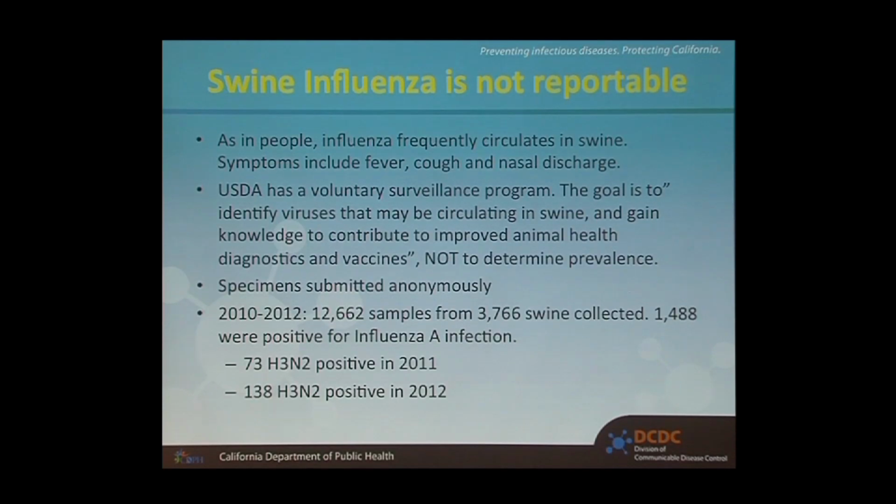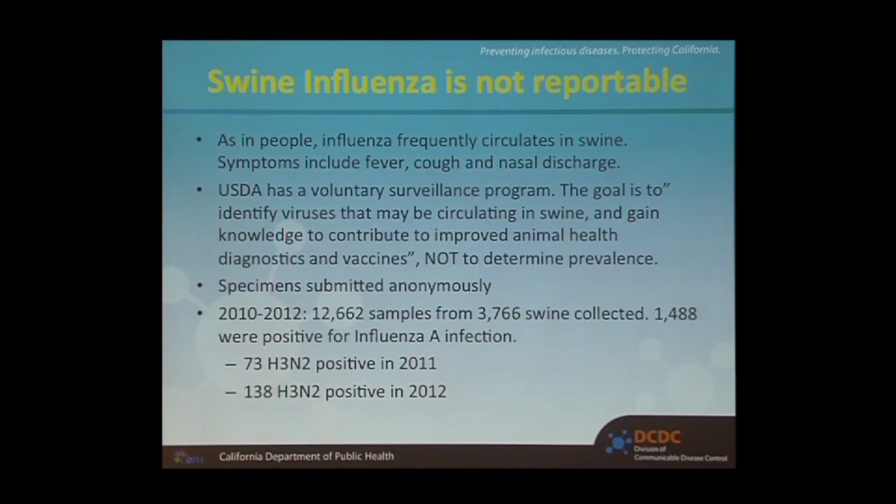So it's interesting because we worry about the poultry, and we also worry about the swine, but the surveillance program for swine is voluntary. And the swine industry is very protective of their reputation. So the current system in place is specimens are submitted anonymously to a lab where they are tested.